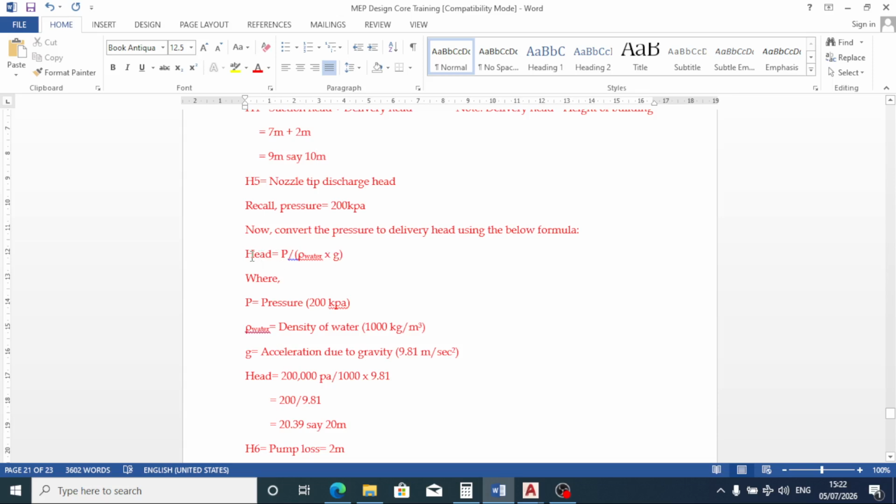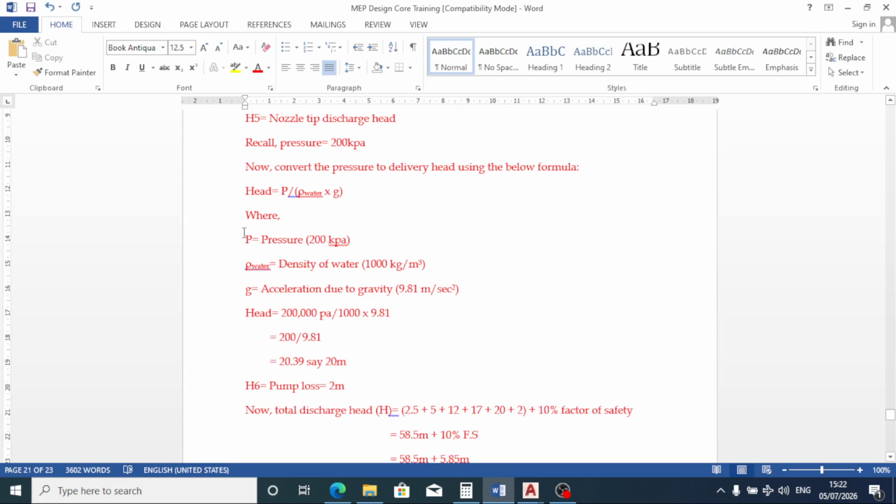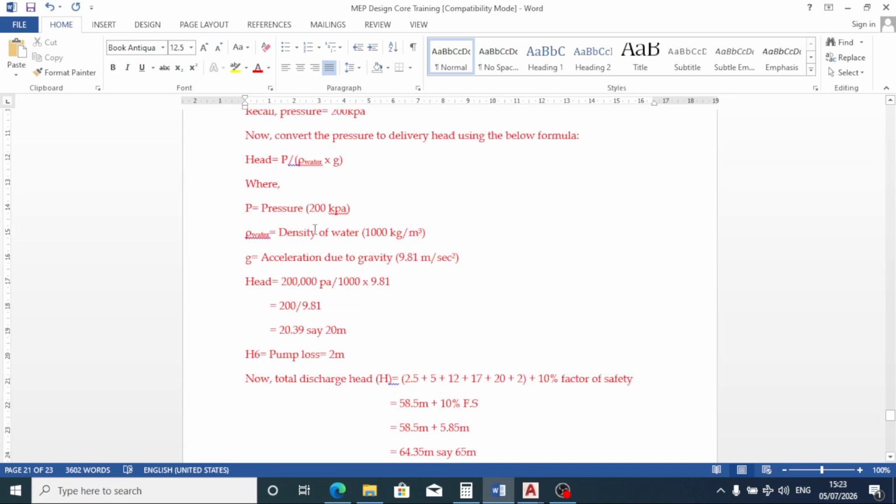The head we are looking for in meters is equal to the pressure over density of water times acceleration due to gravity. Our required pressure is 200 kilopascal. The density of water is 1000 kilogram per meter cube. I'm sure you recall all this. Acceleration due to gravity is g, which is 9.81 meter per second squared, right?